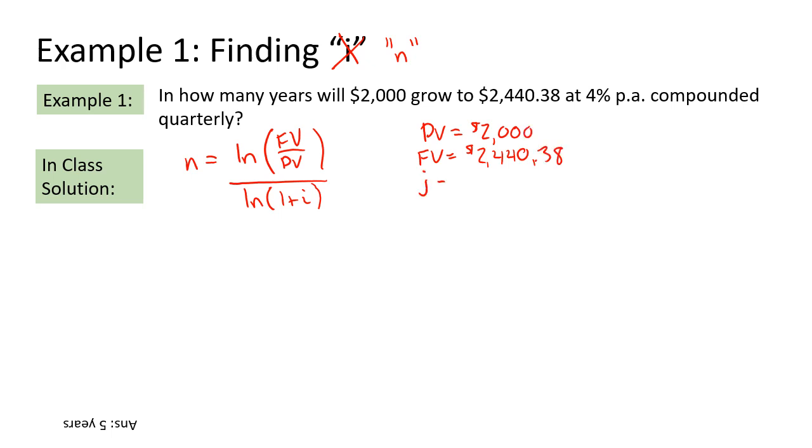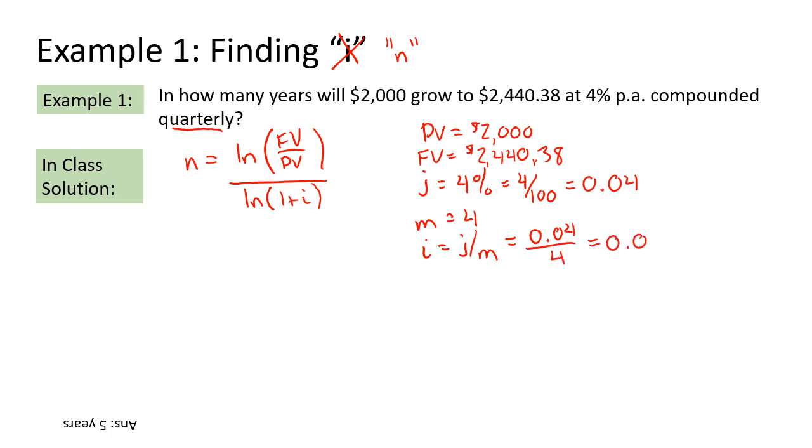We know our nominal interest rate is 4%, which is equal to 4 divided by 100, removing the percentage sign, which is equal to 0.04. The other item we know is the number of compounding periods per year, m. It's given in the question as quarterly, so it means that m is 4. So now we can calculate the periodic interest rate, I, which is equal to j divided by m, and that is 0.04 divided by 4, which is 0.01.